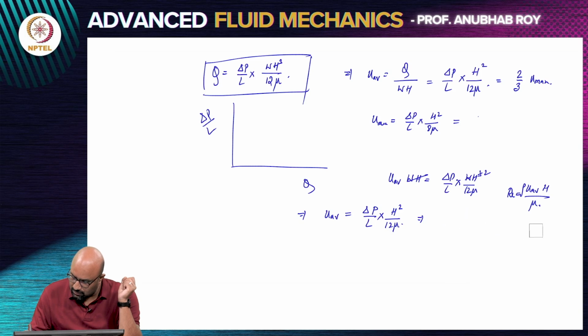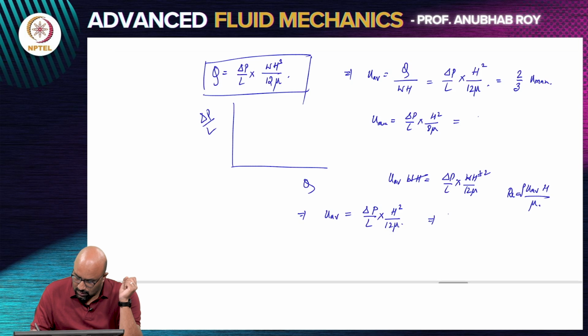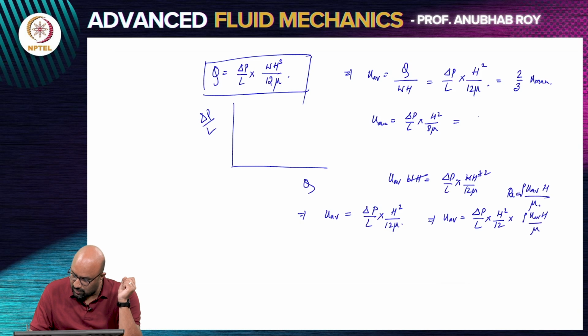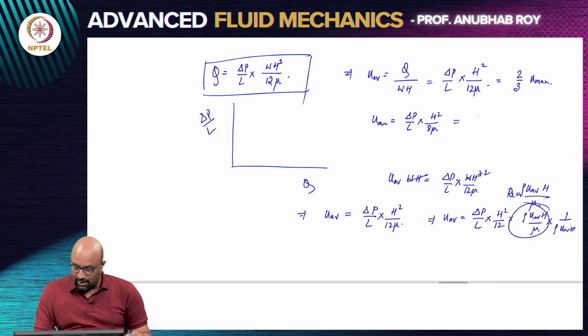So U average del p by L h square by 12, times rho U average h by mu. Now this is my Reynolds number.